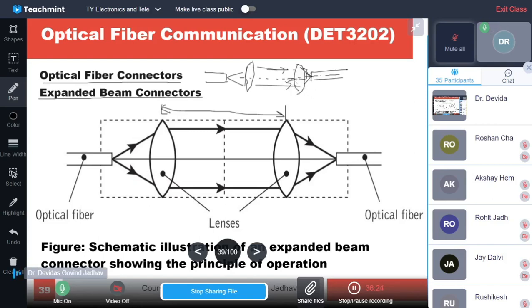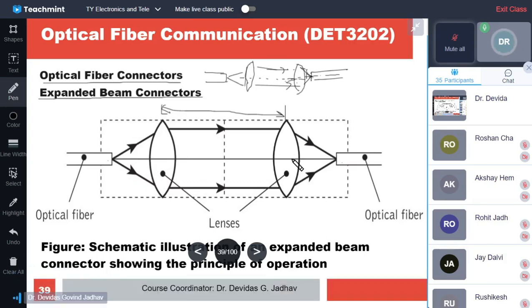The only thing is that the fiber must be aligned exactly at the focal point. As there is a distance between the first fiber and lens, and the second lens and second fiber, there is not much difficulty in adjusting the positions of each component, the two lenses and two fibers.